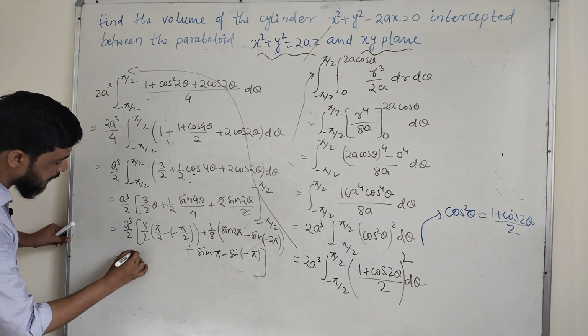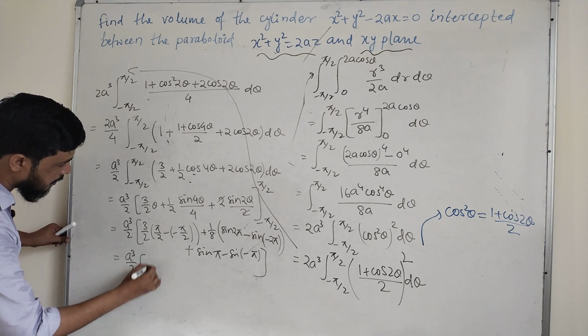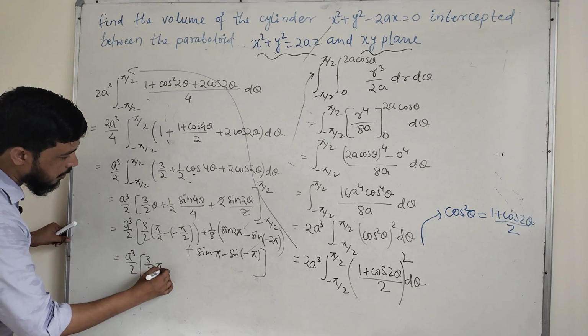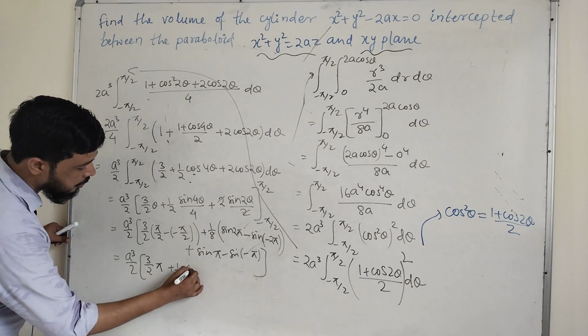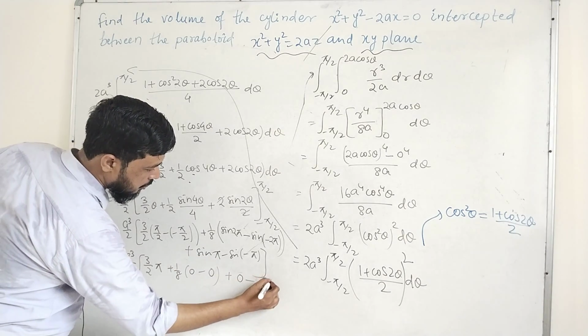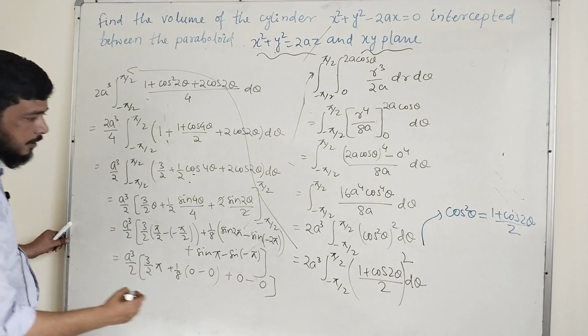So after simplifying this, 3 by 2 times pi by 2 plus pi by 2, that is pi, plus 1 by 8 times 0 minus 0, plus 0 minus 0.